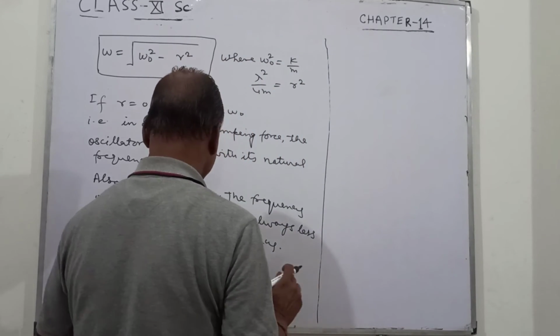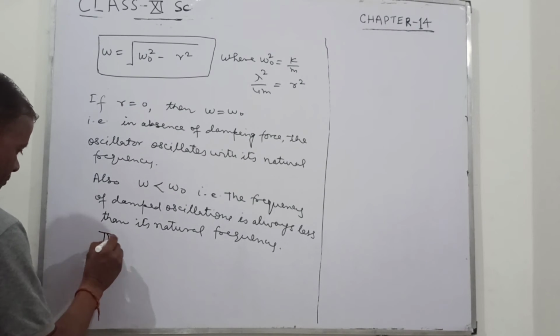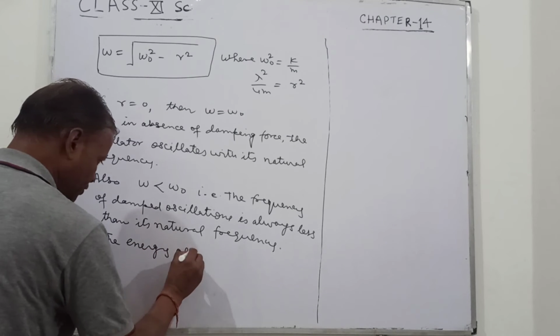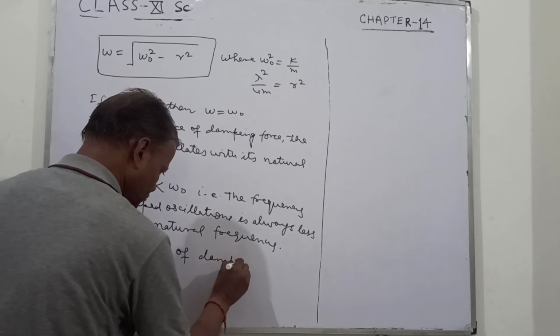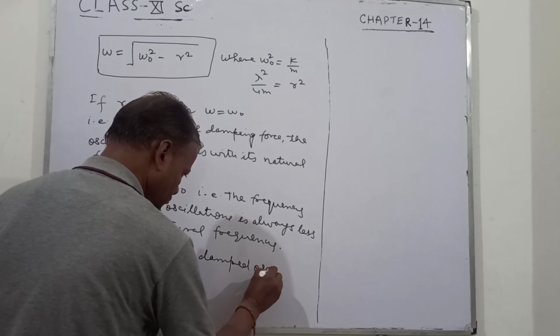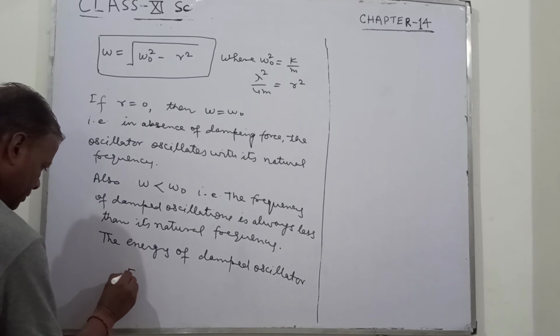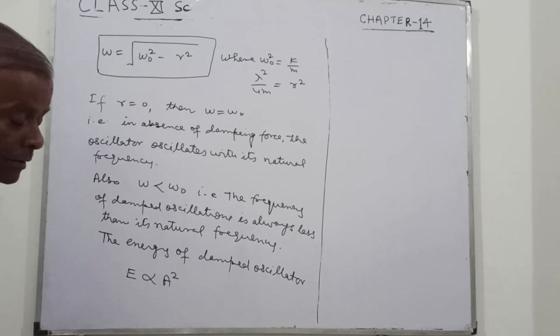And now energy of damped oscillator. E is proportional to, as we know, A square.